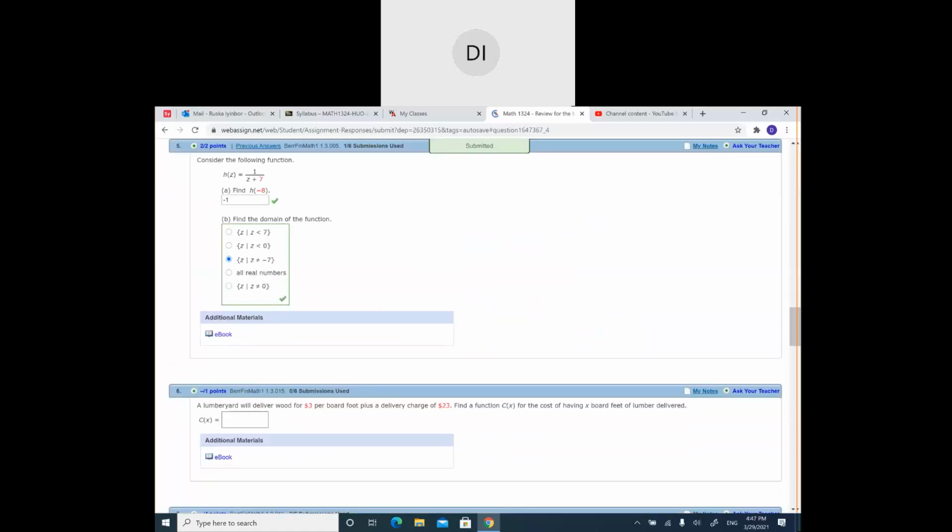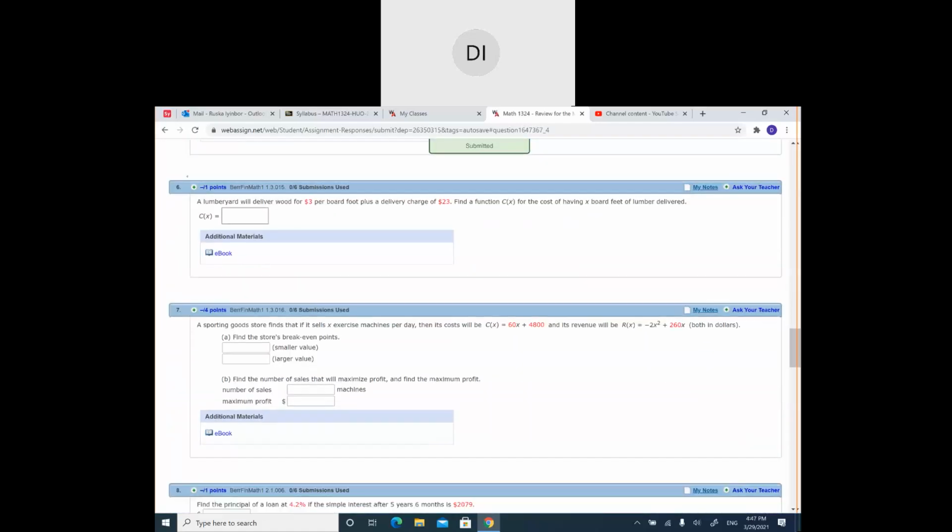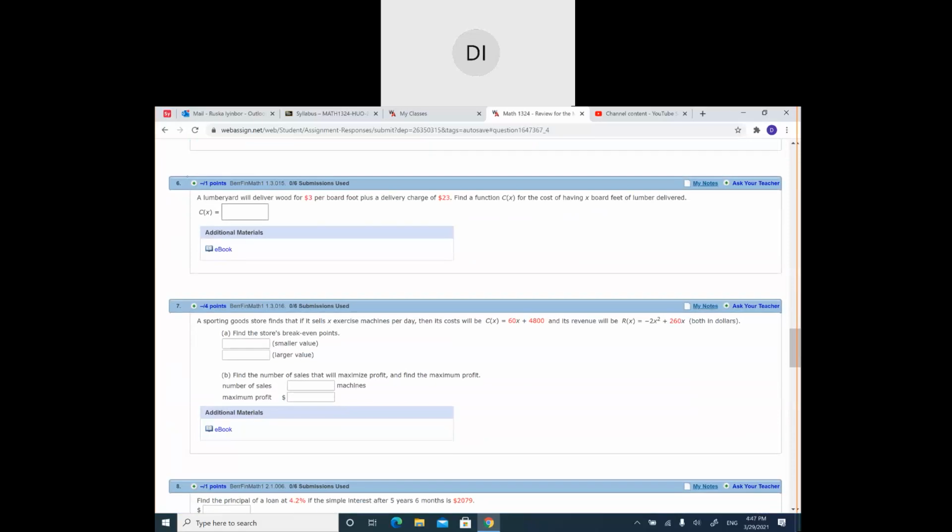Then you're going to number 6, where we have a fixed cost and a variable cost. Then we need to write the function. So a fixed cost is something you pay once. So here, what are you paying once? You're paying once the delivery charge. You're paying only once, and this is per foot.